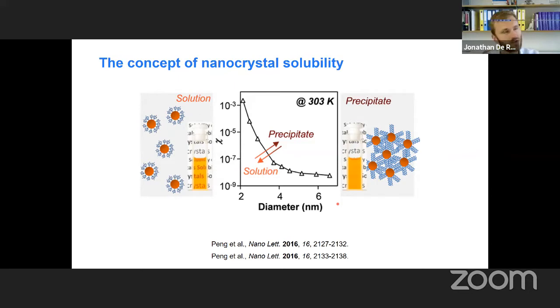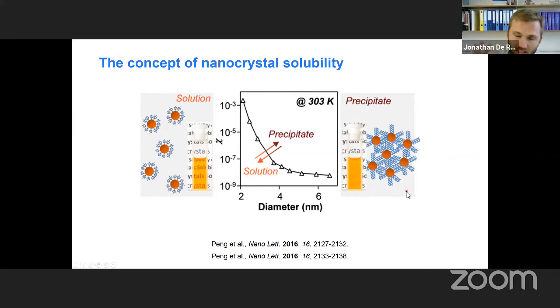No, Jia Peng regarded these nanocrystals as small or as big molecules. He applied the same principles as we can apply to a small molecule. He just said, well, a nanocrystal is a big molecule, and it also has an equilibrium solubility. And this equilibrium solubility depends on the nanocrystal size, and it decreases with the nanocrystal size.